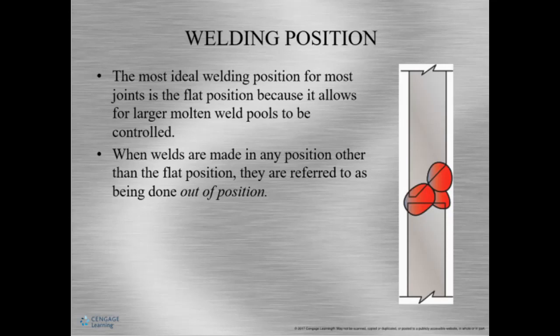Welding position can affect the way a joint is designed and whether you can access it. So when welds are made out of the flat or horizontal position, it is referred to as being out of position. Most of the time, the most ideal position would be flat or horizontal, because we can get a little bit more penetration and we can control the bead a little bit better.